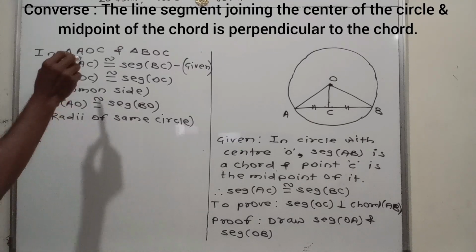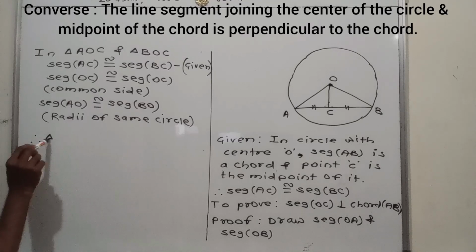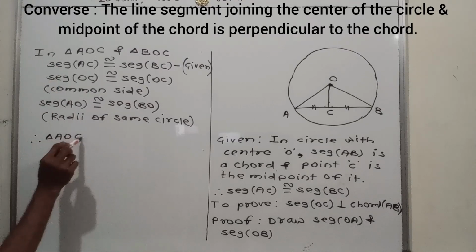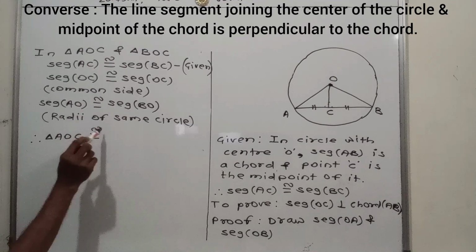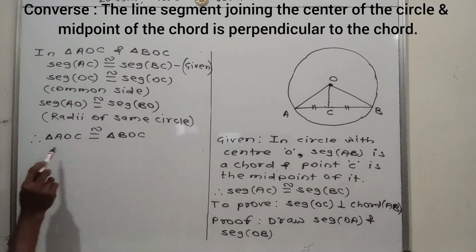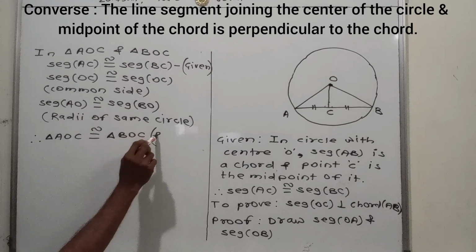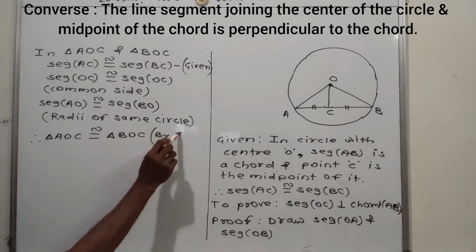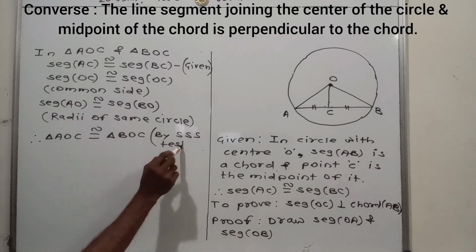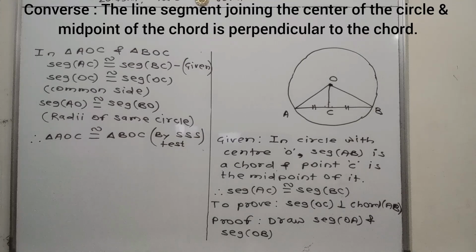Therefore, these two triangles, triangle AOC congruent to triangle BOC by SSS test.